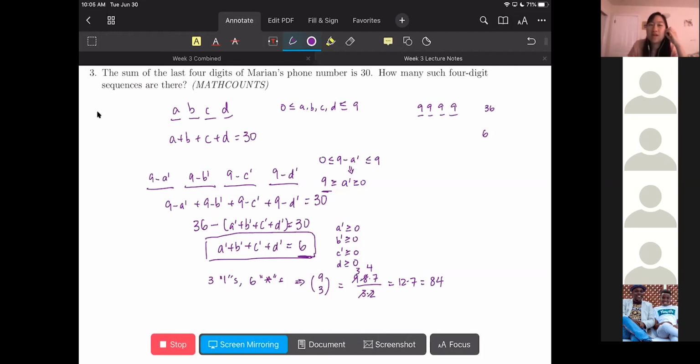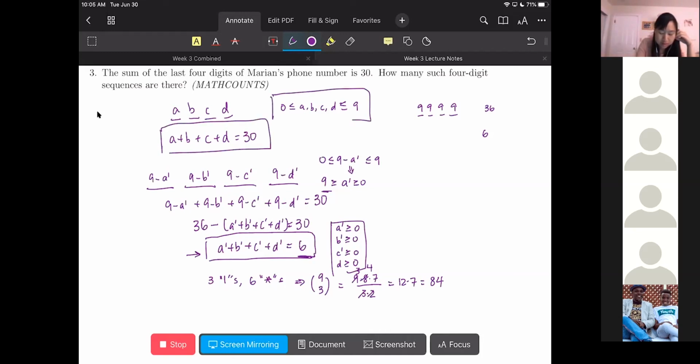So the key here is that the number of solutions to A prime, B prime, C prime, D prime equals 6 with these restrictions is the same as the number of solutions to this with these restrictions. Once we see that, we can just count the number of solutions to A prime plus B prime plus C prime plus D prime equals 6, and that will give us 84 for the answer to the problem.